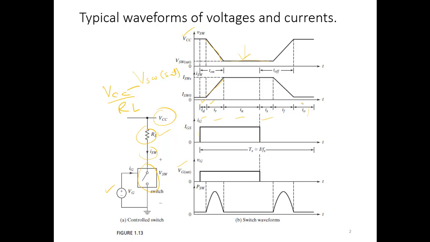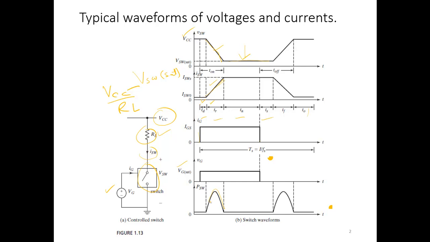Now with the voltage and the current, if you want to look at the power across the switch, there will be a V and I multiplication. If you do that, the power will look something like a sine wave. If the current is rising linearly from the minimum to a certain value, and the voltage is falling linearly, you can find the expressions for the voltage and current.